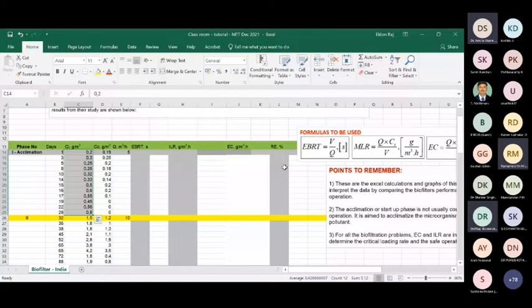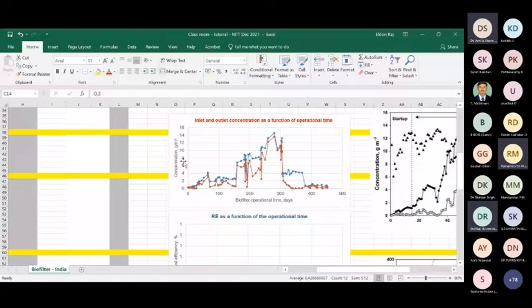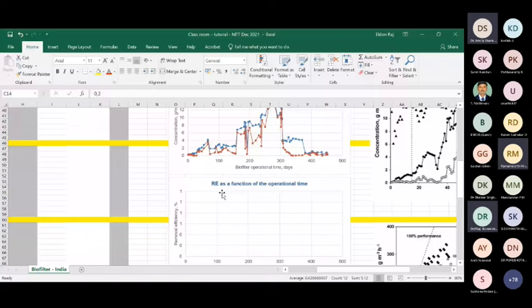I have given you a very nice graph. On the right side, you plot the inlet concentration and outlet concentration as a function of operation time. You calculate the removal efficiency, RE, as a function of operation time. I have given you everything; you only have to plot them.